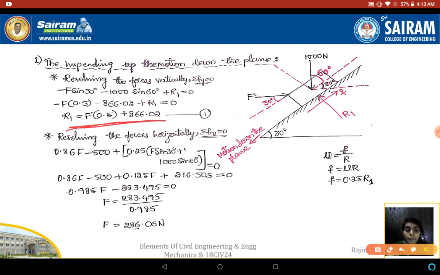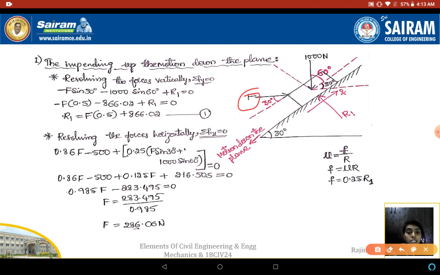Next, resolving the forces horizontally. Now we will see all the horizontal forces. First, this F, if you resolve it, will be going rightwards, so that will be F cos 30 degrees.